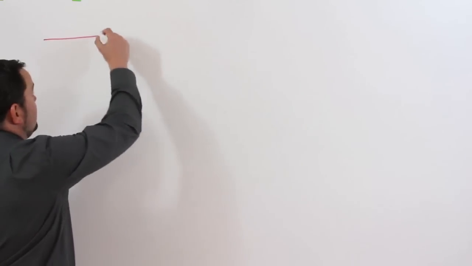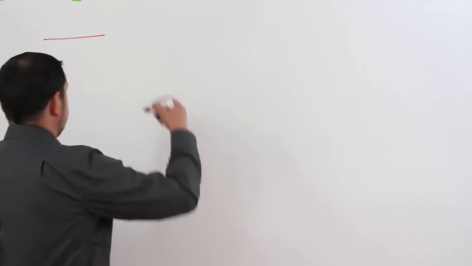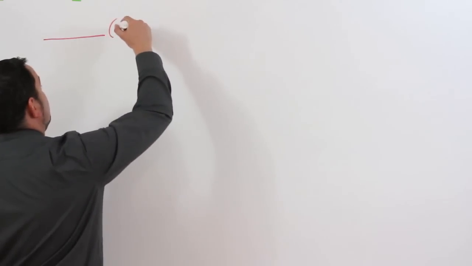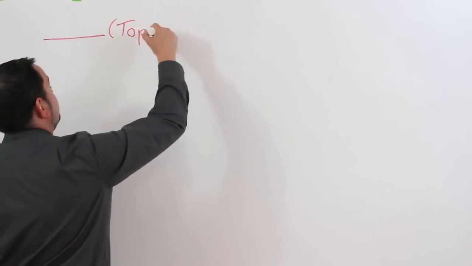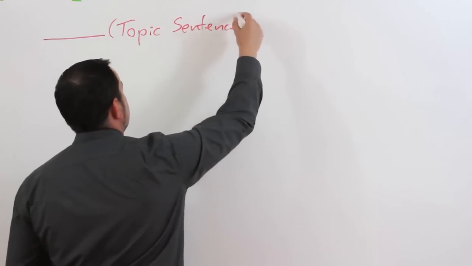So again, remember to indent your 5 spaces because it's something that you need to do for the beginning of each paragraph. And then, of course, the first sentence here is the topic sentence.